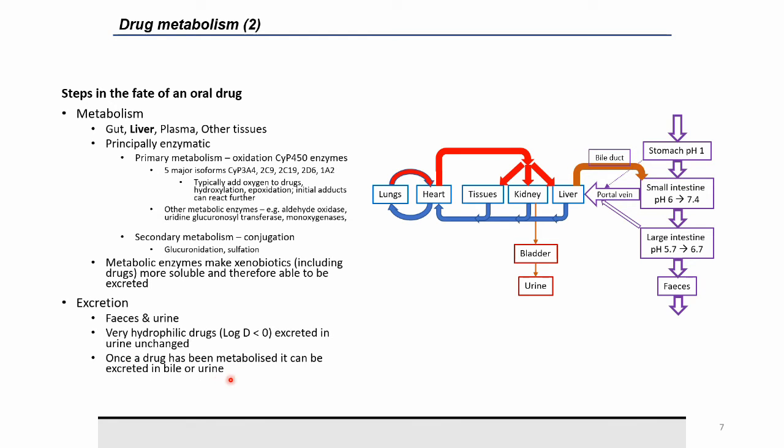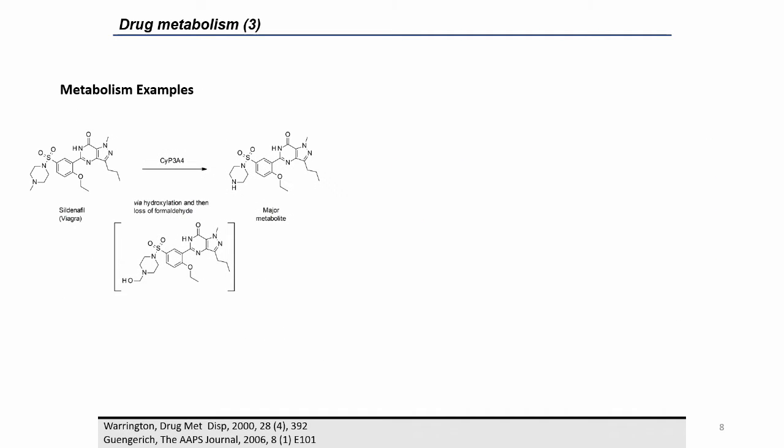Very hydrophilic drugs, so like drugs with less than 0, will be excreted into urine unchanged. So some drugs will get excreted unchanged, but typically a drug gets metabolized and then excreted. So a couple of examples of drug metabolism. Sildenafil, probably better known to most people as Viagra, is predominantly metabolized by cytochrome P450-3A4.